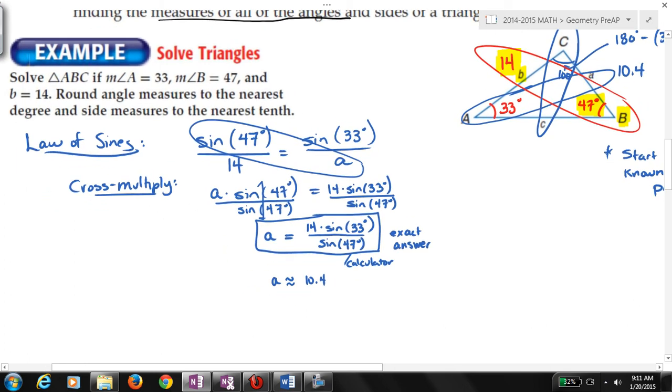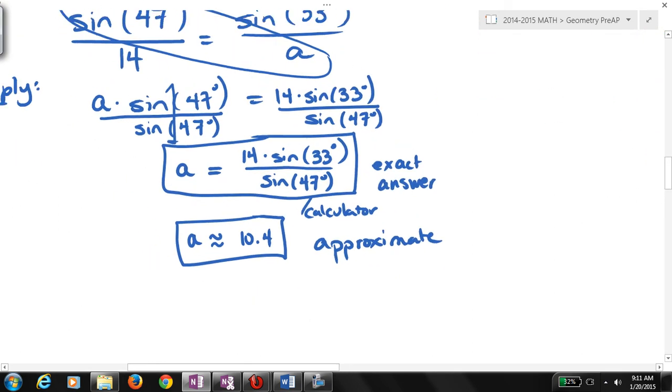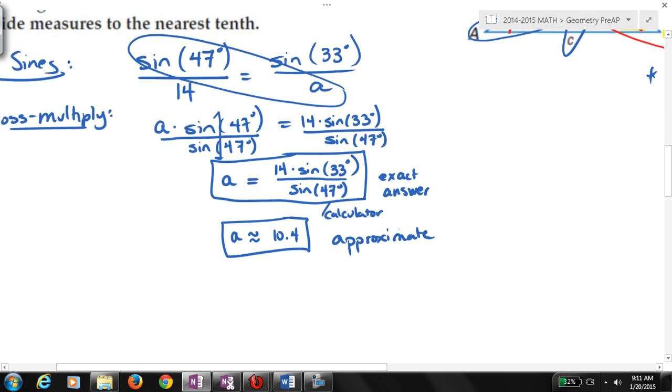Now the difference here, let me just make a note between the exact answer and the approximate. I do want you to use both. In some cases, especially those exams where they indicate no calculator use, they will probably give you these as answer choices. So there's no need for you to actually know what sine of 33 is. So just be careful with the difference between the exact and the calculator approximation.